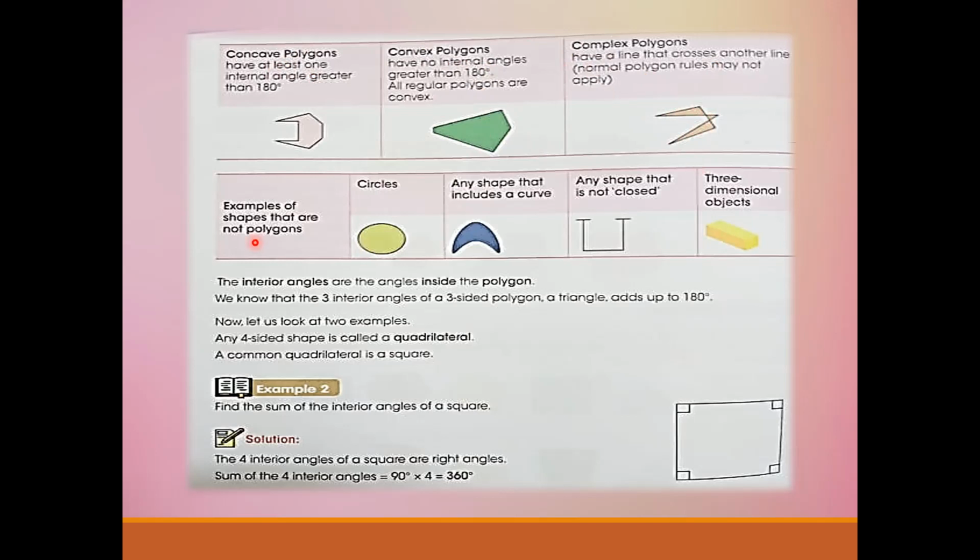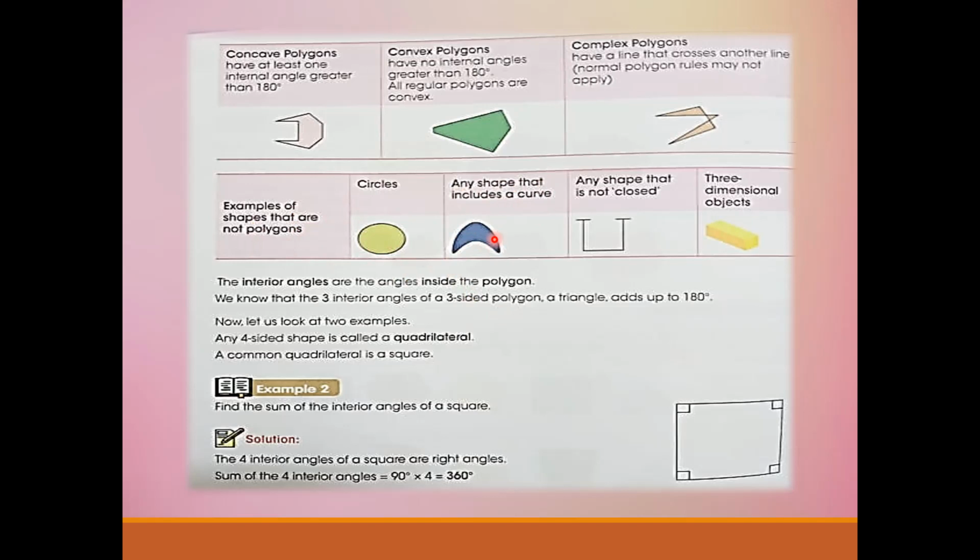Now let's have other examples of shapes that are not polygons. So of course, circle. Polygons are made up of line segments. With a circle, of course, you can't see any line segments here, so this is not a polygon. Any shape that includes a curve, so this is a curve right here, it is not a line segment, so this is not a polygon.